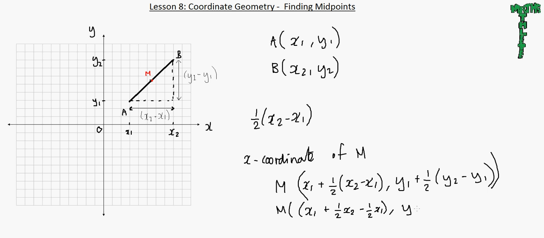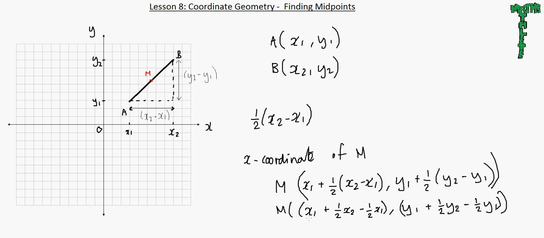And also the same here, y1 plus half of y2 minus half of y1, and let's also view this in its own bracket. Now you can do brackets within brackets as long as you put the right amount of brackets. And apologies for that messed up bracket.